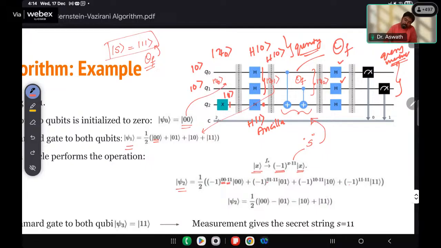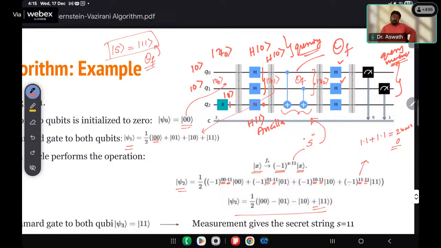Next, minus 1 to the power of 0,1 multiplied by shift function 1,1, and so on for 1,0 and 1,1. If you calculate, remember it's a bit by bit multiplication. So the bit by bit multiplication is 1 into 1 plus 1 into 1. That is 1 plus 1 is 2, mod 2 is equal to 0. So this is like minus 1 to the power of 0, which is plus 1. Accordingly, we will get either a minus sign or a plus sign. Now you see psi 2.